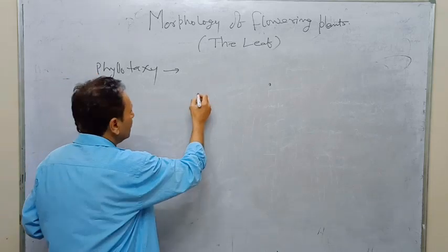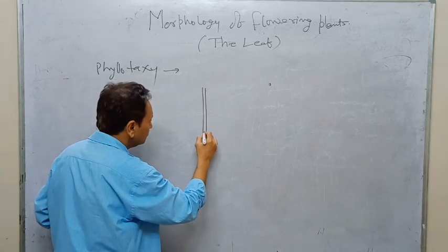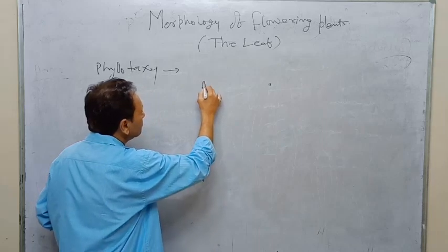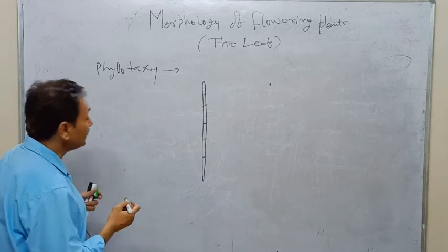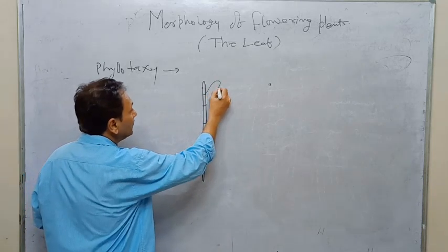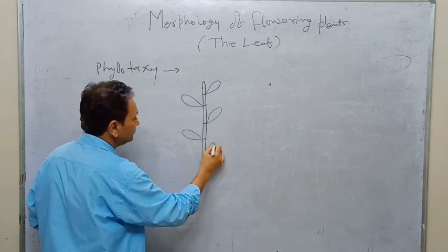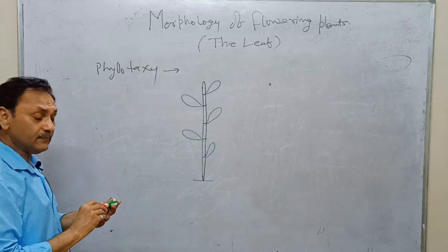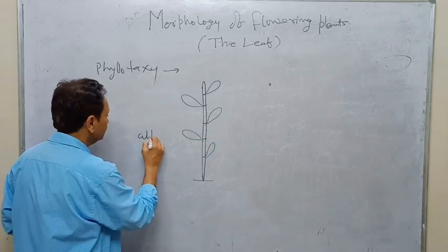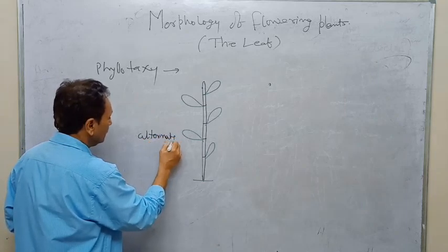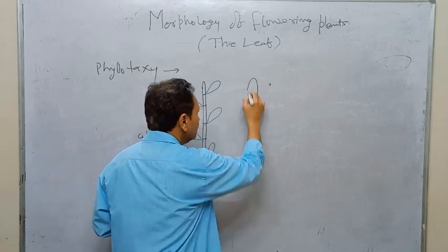Suppose this one is the stem having a node, and it is the leaf. This type of phyllotaxy is called alternate type.